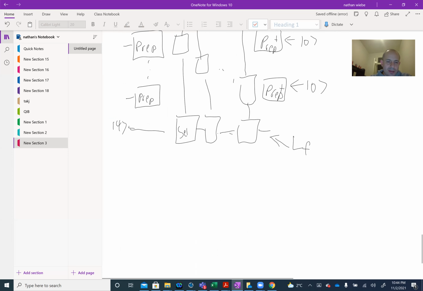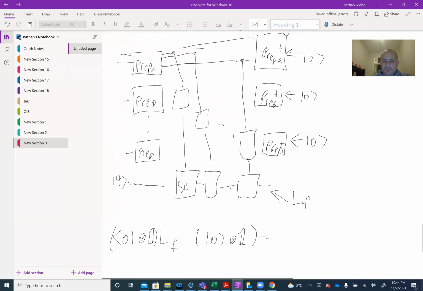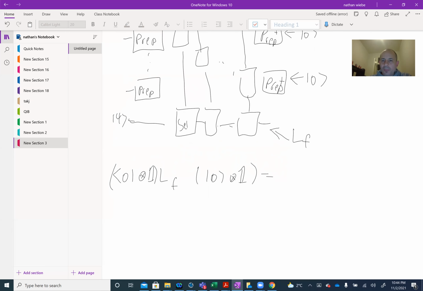We showed, again, in the previous lectures, that if we have this circuit, then we have that zero tensor identity, LF, operating on zero tensor identity is actually just going to be equal to the matrix that we're encoding. So this will be f of h over alpha in our case, divided by this normalization constant A.